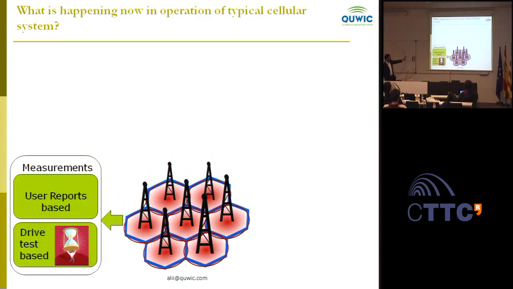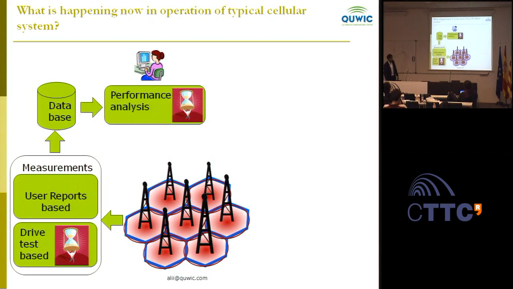It can be user based. In the current networks, only few user reports are collected because they are almost not usable. Drive test based measurement, and this symbol shows that it is time consuming and labor extensive. You cannot hire an actual laborer. You have to hire an engineer with a white tie. You have to pay a lot of money to him.